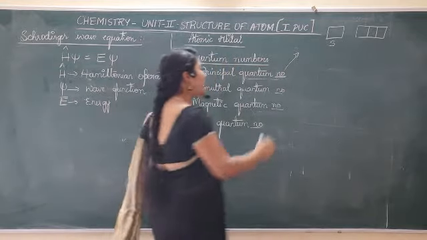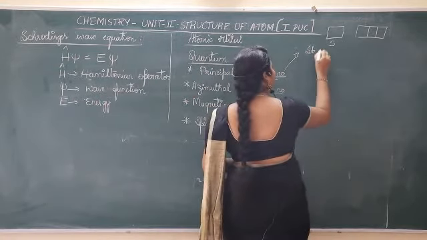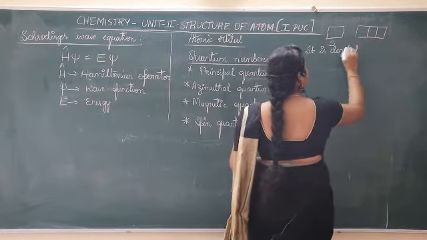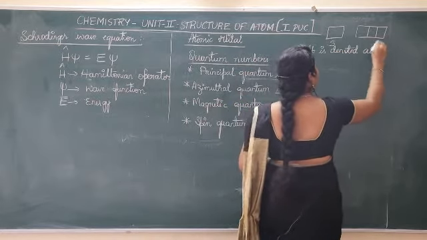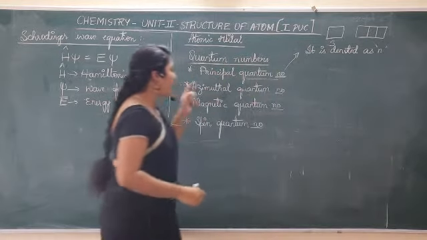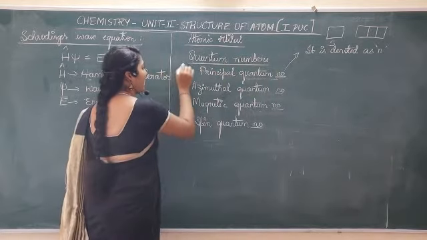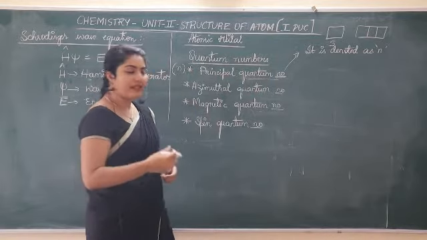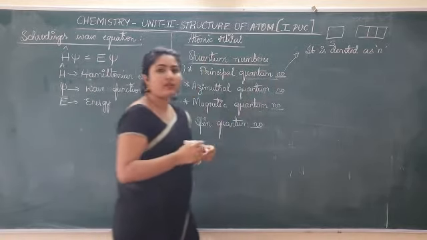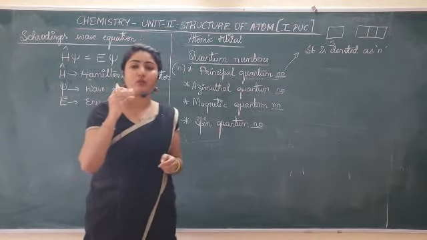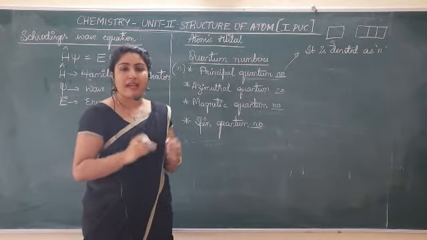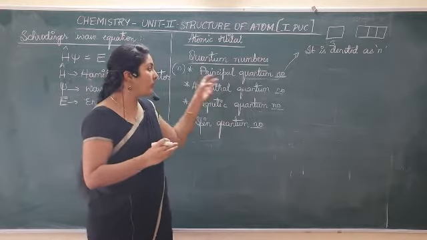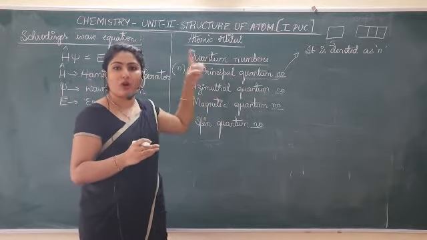The principal quantum number is denoted as n, a small letter n. When we write the principal quantum number, in the bracket we write n. What does it tell? It tells about the main shell to which the electron belongs. It gives information about the main shell to which the electron belongs.